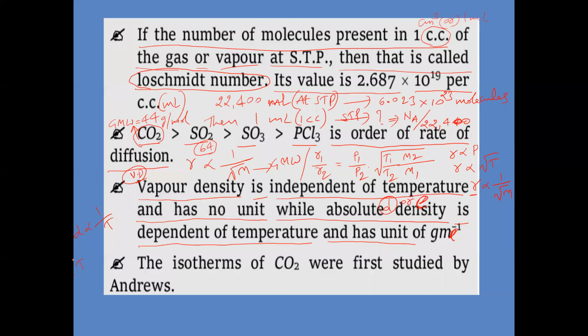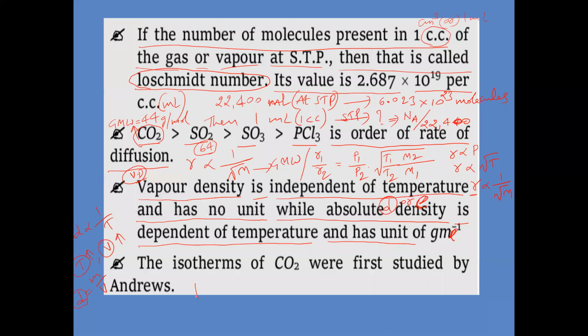Understood? When temperature increases, the volume increases, according to Charles' law. Density is given by mass by volume, so whenever volume increases, the density value should decrease. Like that, density will decrease when we increase temperature. So how are density and temperature related? Inversely proportional.